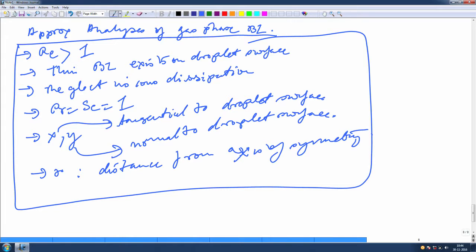we will make abundant use of the existing literature that is available on gas phase boundary layers, say over a flat plate. For example, a droplet can now be analyzed like a flat plate boundary layer or like a stagnation flow. Stagnation flow is like this, as you know, right, that is called Hiemenz flow, and there is the flat plate boundary layer.